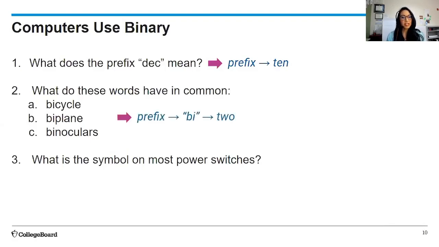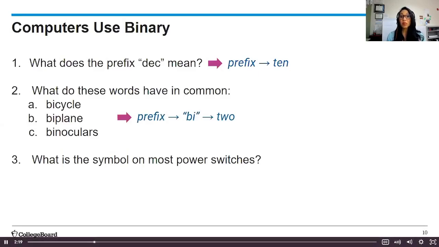If the prefix DEC means 10, we know that the decimal number system, that a lot of people use, uses 10 digits: 0, 1, 2, 3, 4, 5, 6, 7, 8, and 9. 10 numbers, 10 digits.